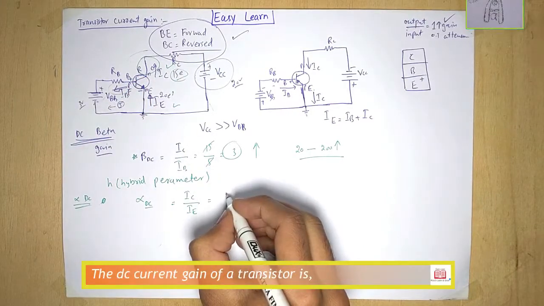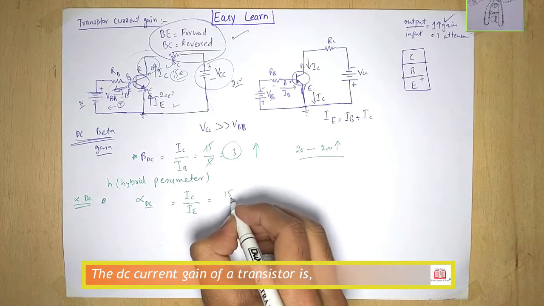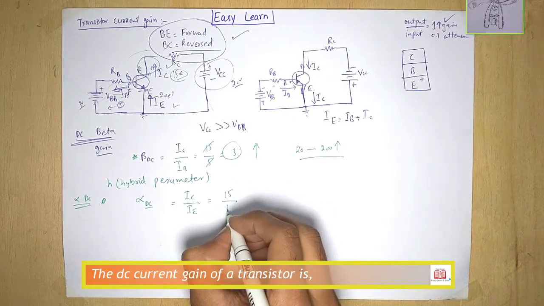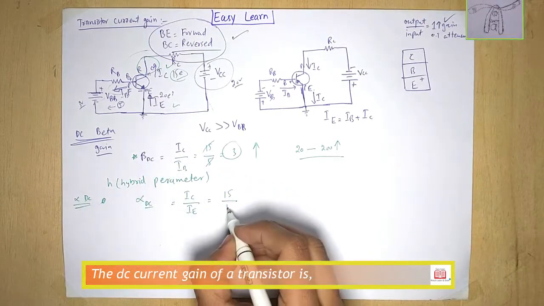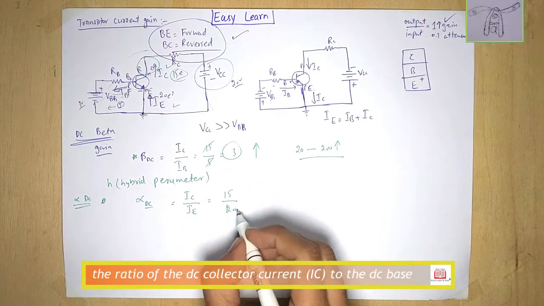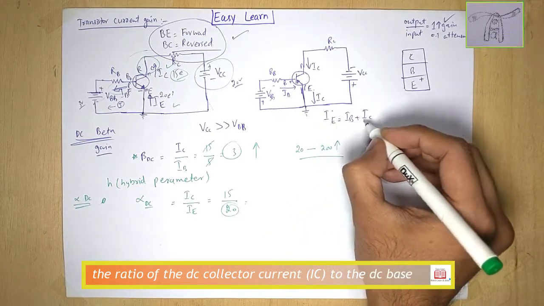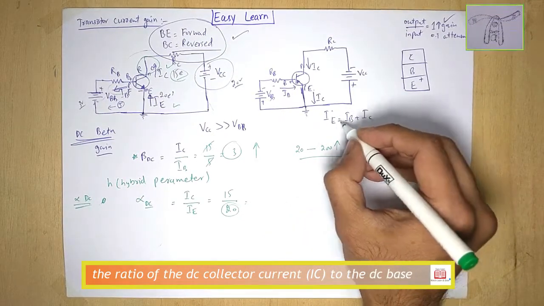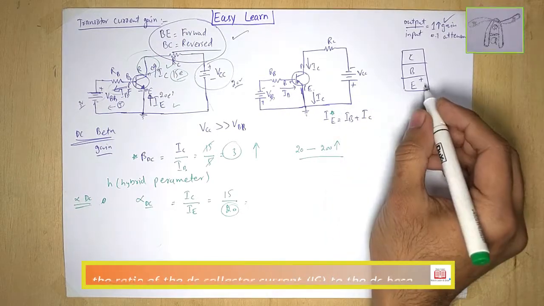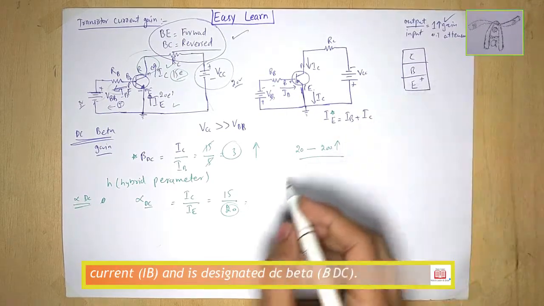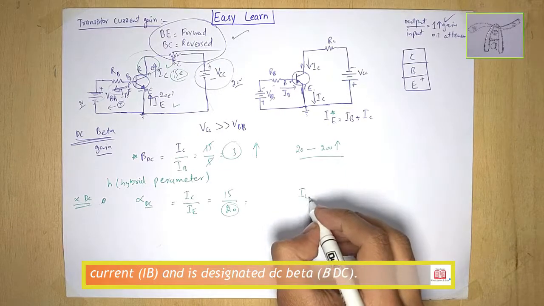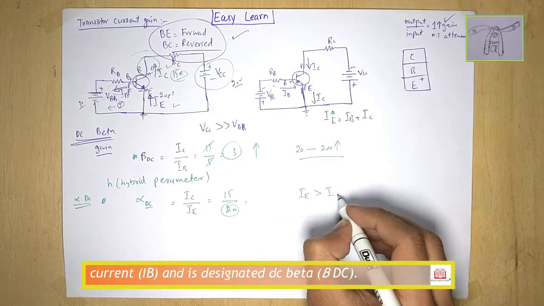As we again discuss our previous example, 15 divided by IE, that is here in our case 20. So 15 divided by 20. As I explained, the emitter current is equal to base plus IC. So in other words, IE is always greater than IC.